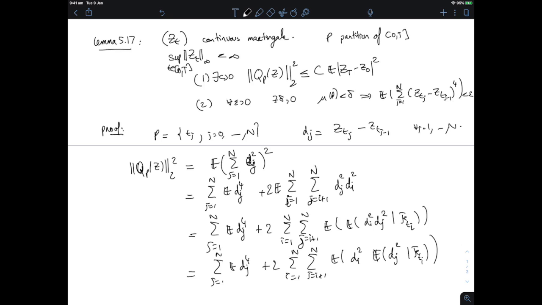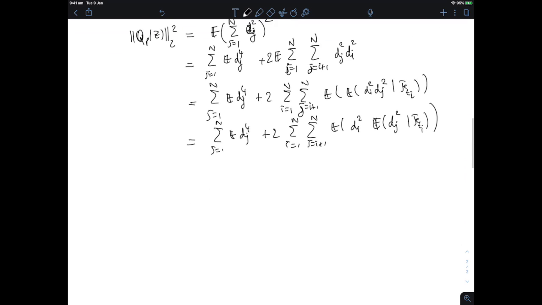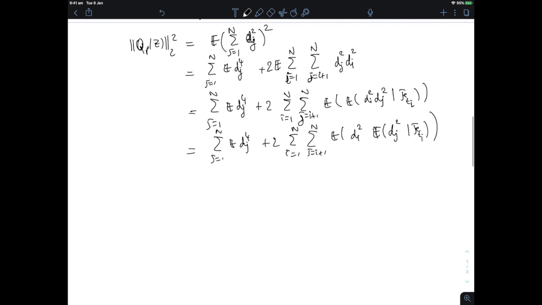Right, now I want to show that this somehow simplifies, and the reason why it simplifies is the following consequence of the martingale property. So what happens when I look at the expectation of the sum j equal i plus 1 to n of d_j squared, conditioning on F_{t_i}?